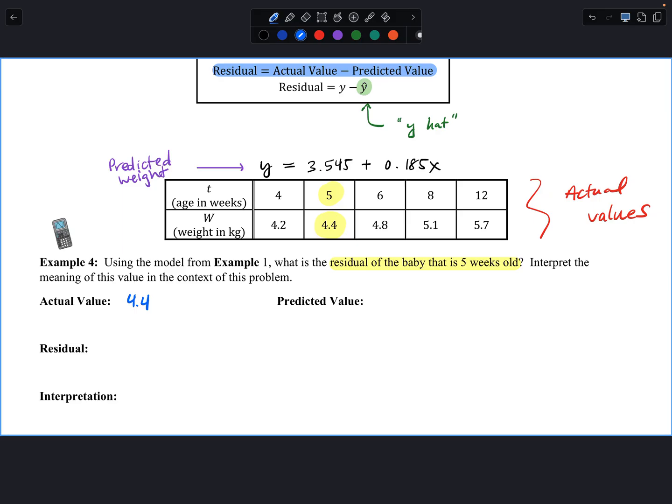To get the predicted, what that means is plug 5 into the equation, because the predicted value is going to be modeled by what we got from our regression model. Okay, so if I plug 5 into the function, you would get 4.47.